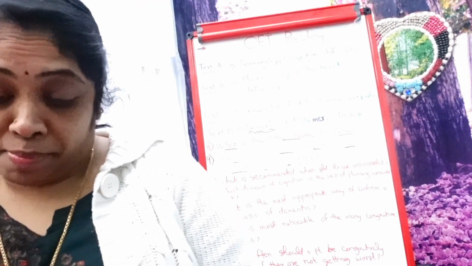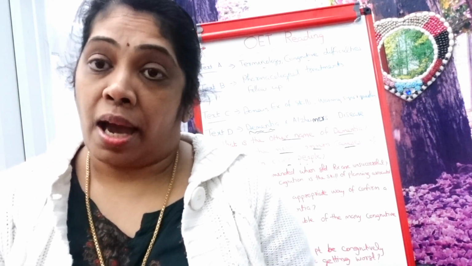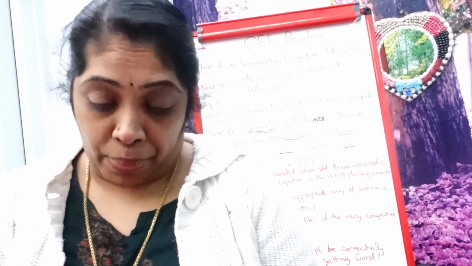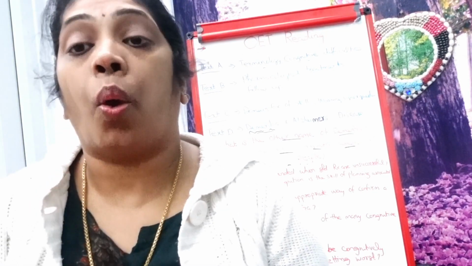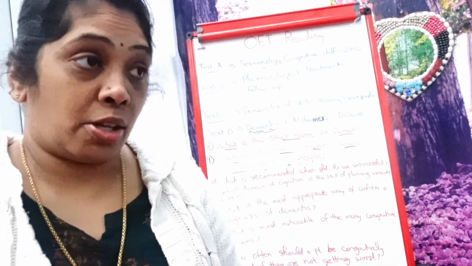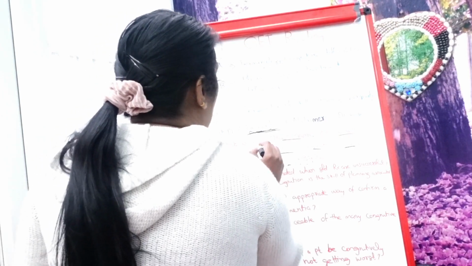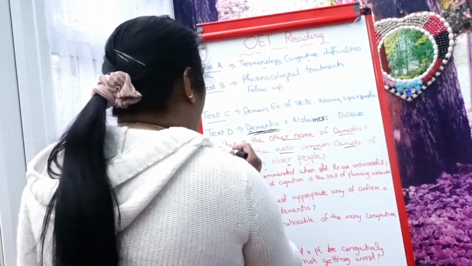So it says dementia is a syndrome with many possible causes. Dementia can happen due to several reasons, but with Alzheimer's disease being the most common in older people. So it says there what the answer is. Same passage, that's what I said: just think about the subtitles and headings. In this passage itself it gives the next answer.